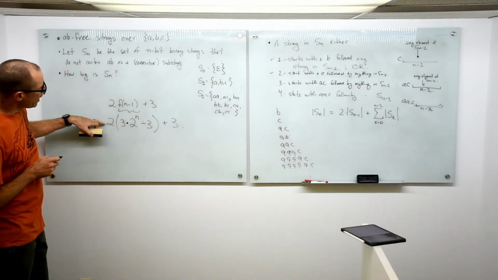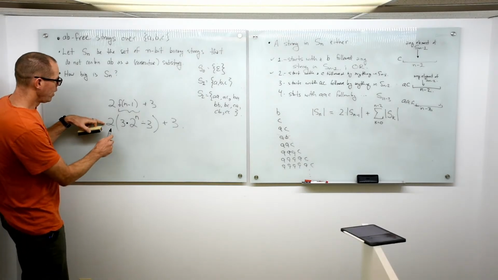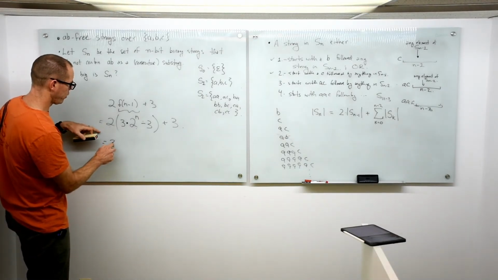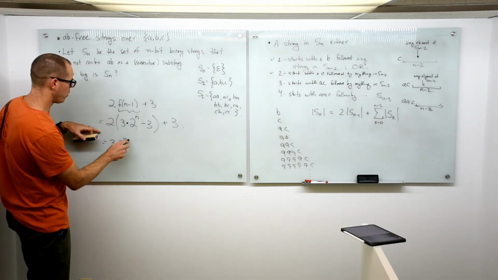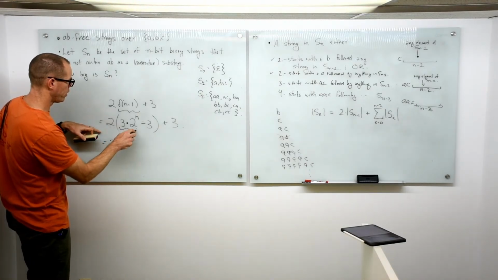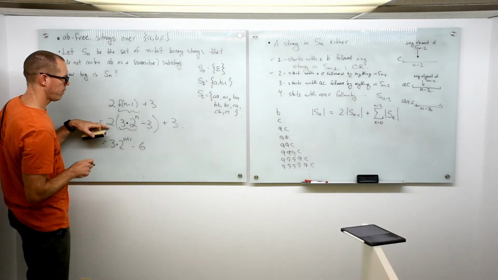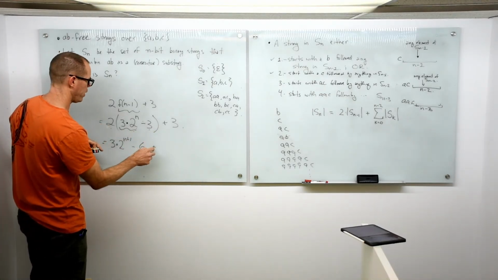Right, that's what we had. So 2 times 3 times 2 to the n is equal to 3 times 2 to the n plus 1, right? So that's one of the terms. 2 times minus 3 is minus 6. And then we still have this plus 3 here. Okay?